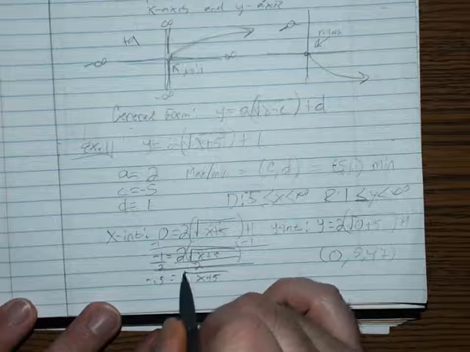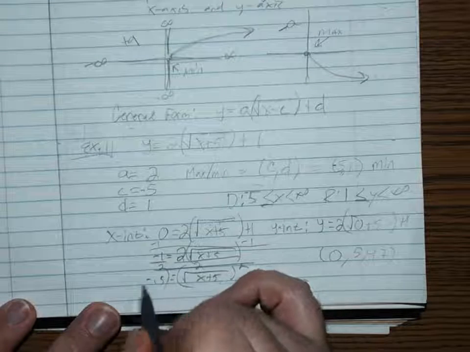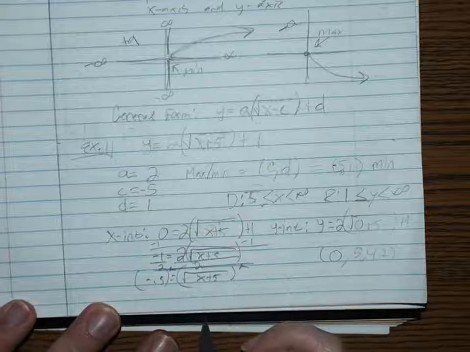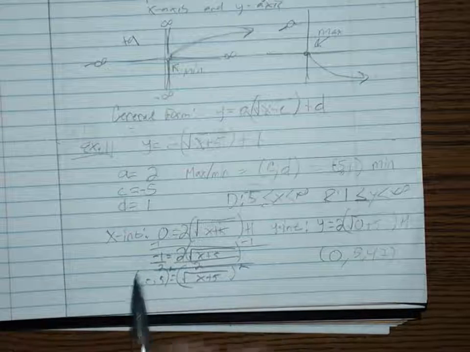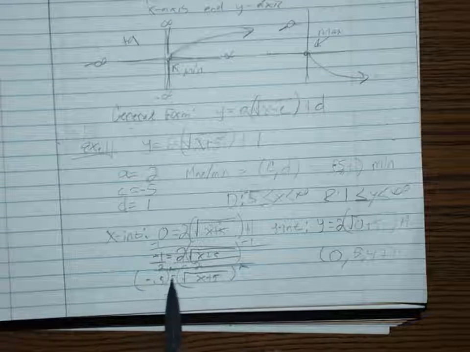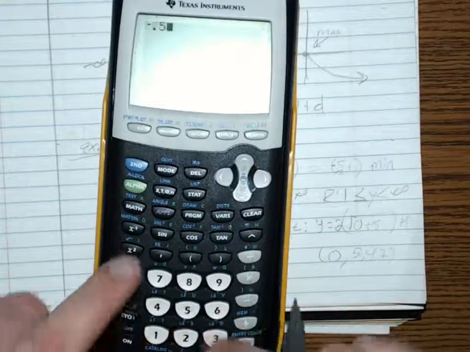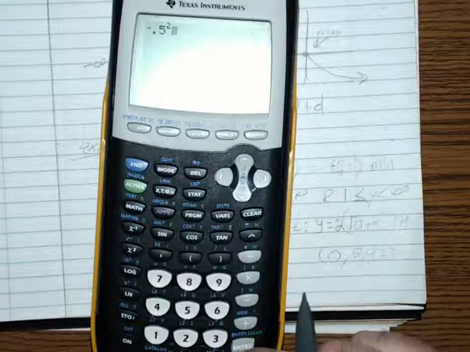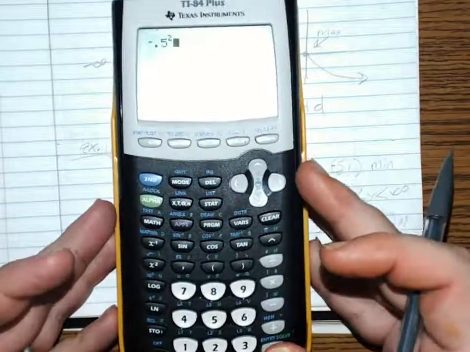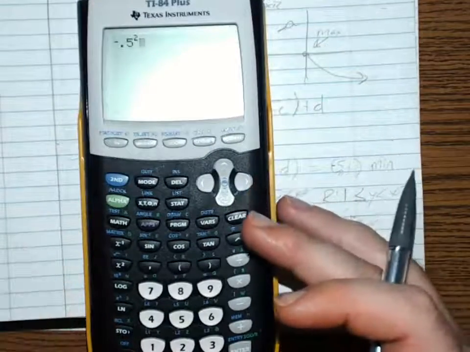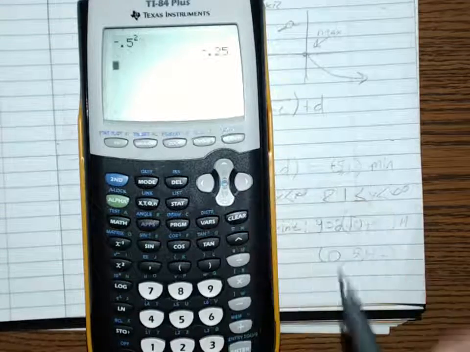To undo a square root, we square both sides. Please make sure when you plug in negative 0.5 squared to the calculator that you use parentheses. If you do this, you will get a negative number, which is not accurate. A negative times a negative is a positive. See, that is the wrong answer.